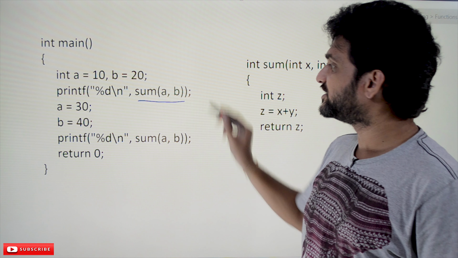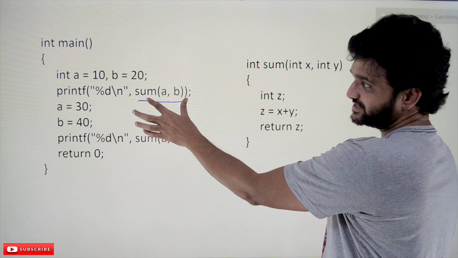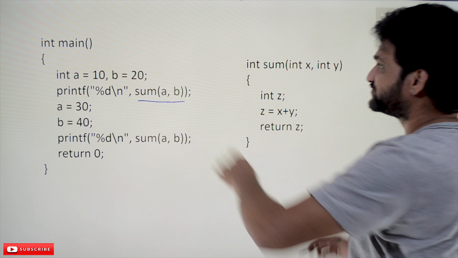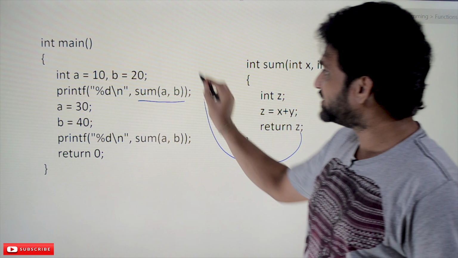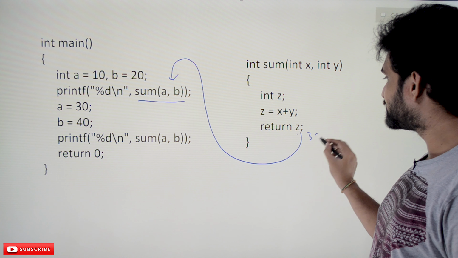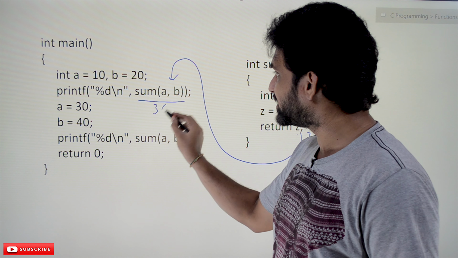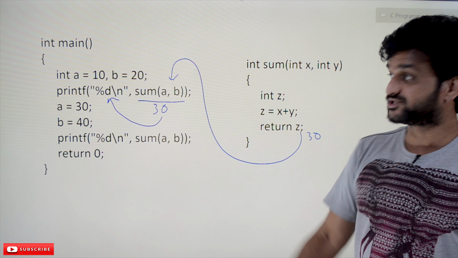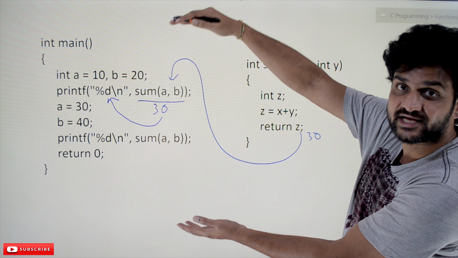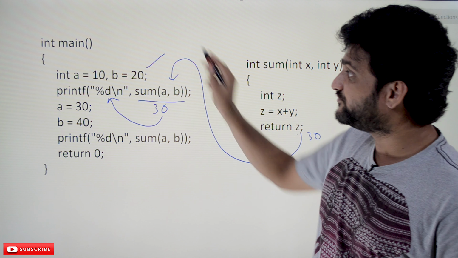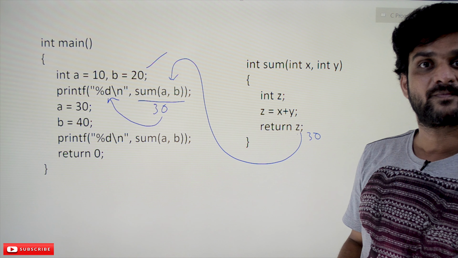So within the printf function, the return value, first 10 plus 20, 30, will be written directly here. What is it going to return? 30 it is going to return, and this 30 will be assigned to %d and directly printed. So we had 10 lines, but we have compressed it. There is no use of variable c also.